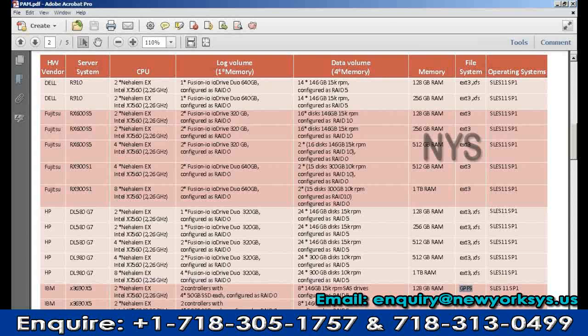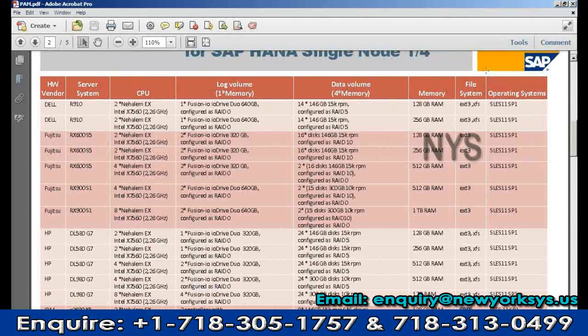But I'm not recommending IBM servers. I'm just saying this particular file system works best with your HANA system. Maybe the IBM hardware is expensive, or there may be some other faults, but this file system works best with HANA.